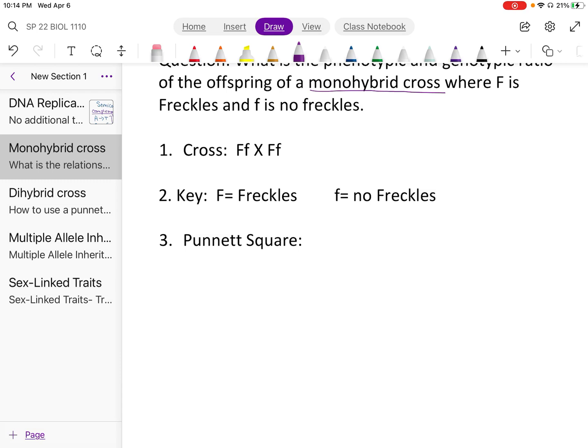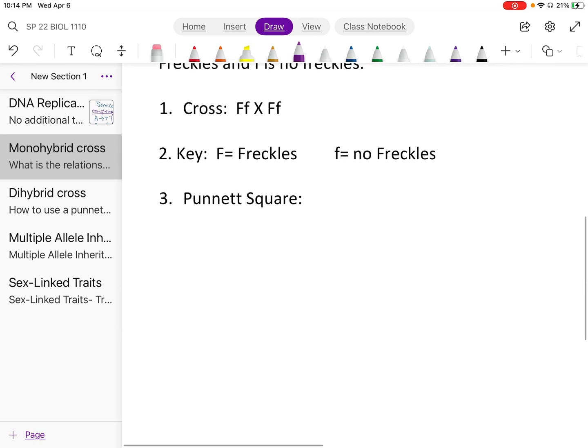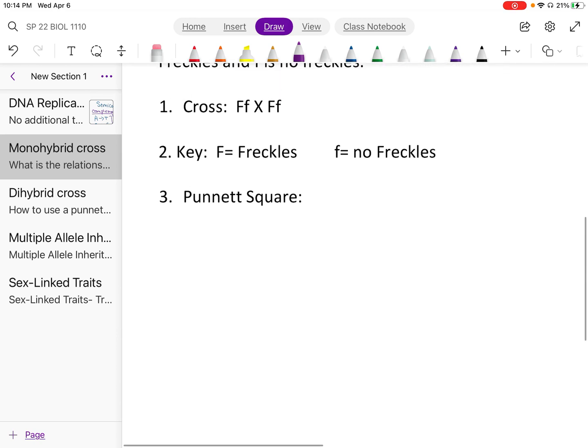And then now to use the Punnett square to figure out the phenotypic and genotypic ratio, that's what we're going to do next. So this cross is going to be coming from each parent. The first one I'm going to represent by this symbol here, and that means female. And the second one I'm going to show by this symbol here, which means male.